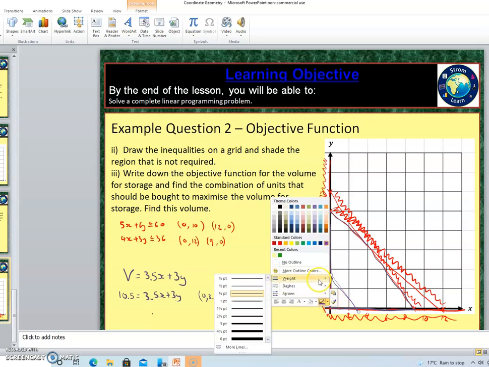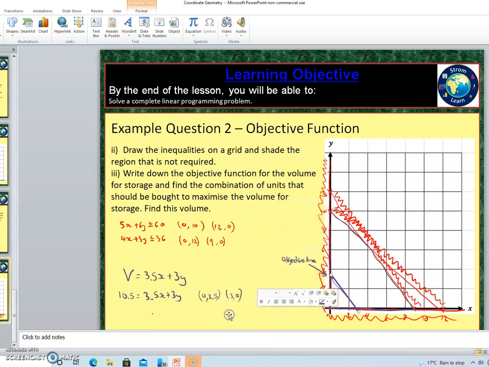Although we ideally want to use thin lines, for the purposes of showing it up, let's make it a bit bigger. Okay, so here we go. Now, keeping that parallel, I'm just going to make it longer as well. There we go, so that's still parallel.